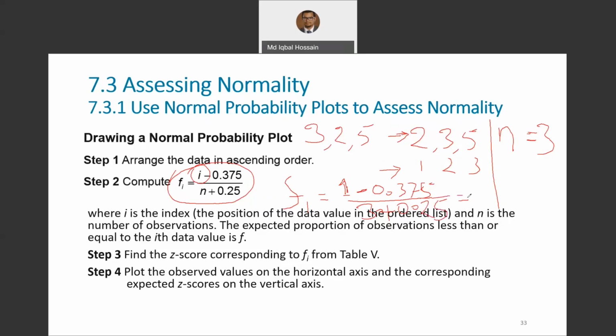So when we are calculating this value, it is 1 negative 0.375 divided by 3.5. So we are getting a value which is very close to, let's change the color. So the value for F1 is 0.19.